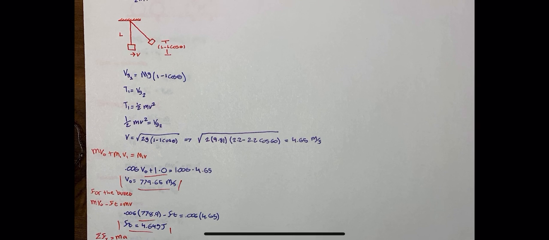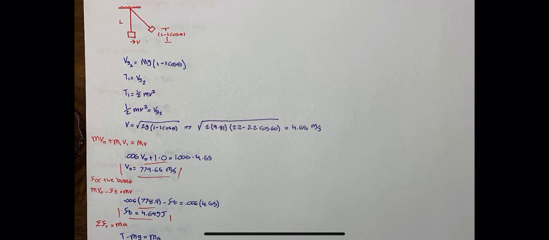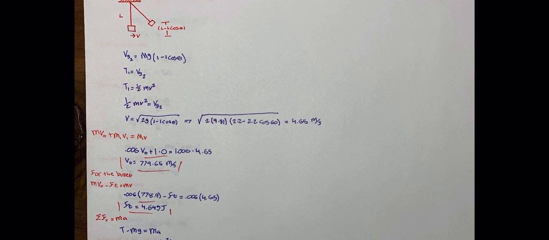T1 is equal to Vg2, and T1 is also equal to 1/2 mv squared. So 1/2 mv squared is equal to Vg2. We can plug in our knowns and get that V is equal to 4.65 meters per second.